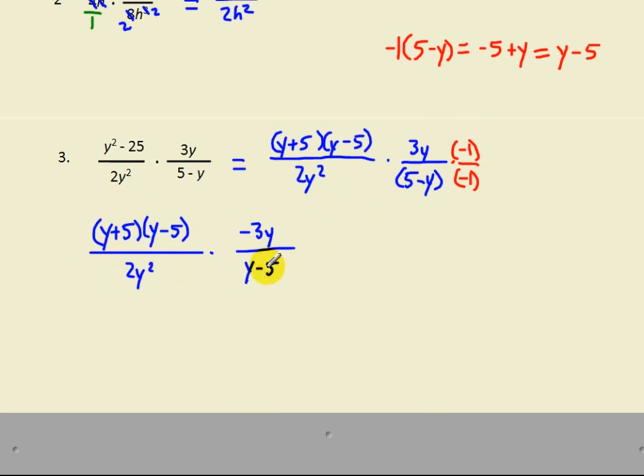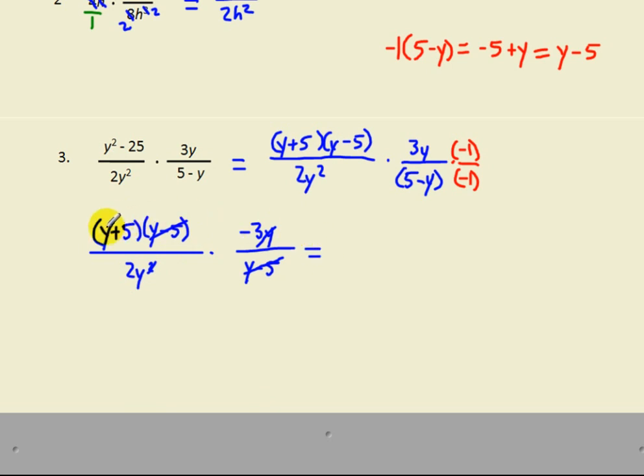And now we can do some nice canceling, because this binomial y minus 5 cancels this y minus 5. Okay, so this is a factor. This is a factor. They're the same, so they cancel. Also, we can cancel this y, which will cancel one of the two y's here.